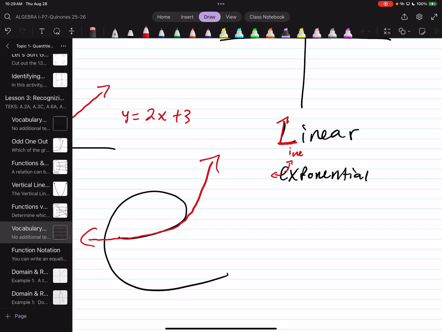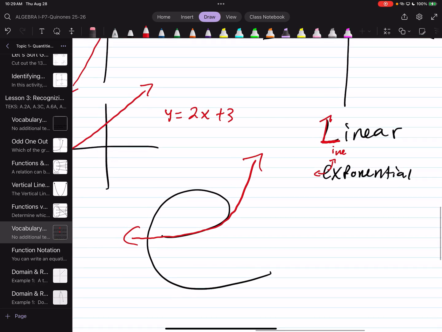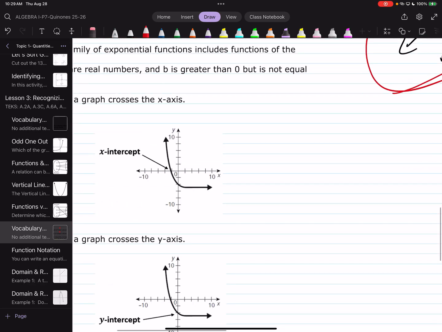Visually. So, linear, I know it's a line. Exponential kind of looks like a curve when I write the E. You need to be able to quickly recall that information. If you see a graph, okay, that's exponential. Oh, okay, that's linear. On Friday, tomorrow, we're going to talk about the last function that you will see in this class until I see you again in Algebra 2.